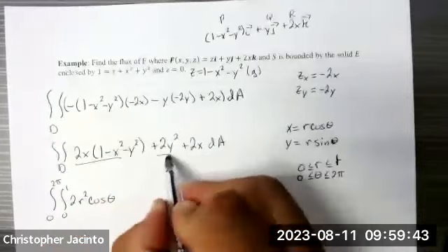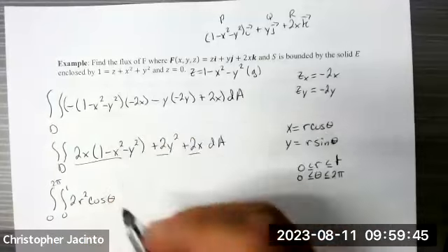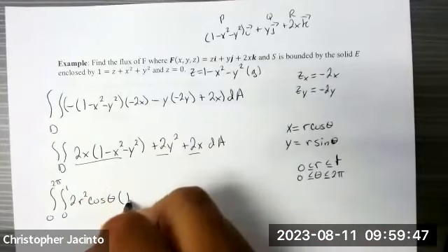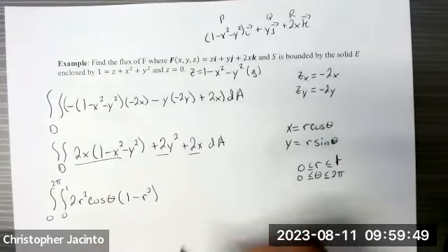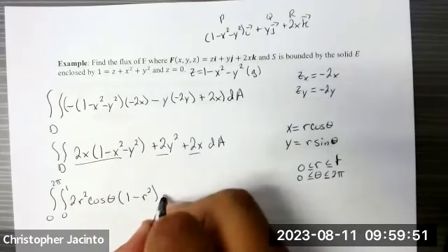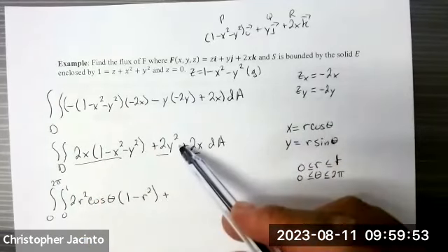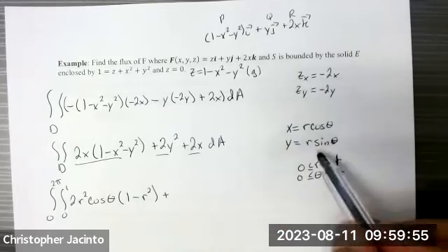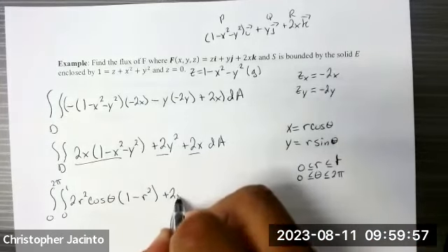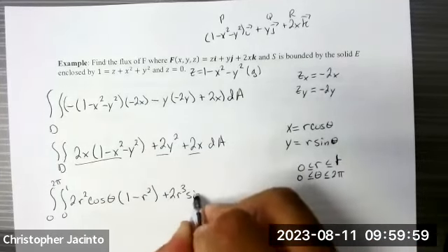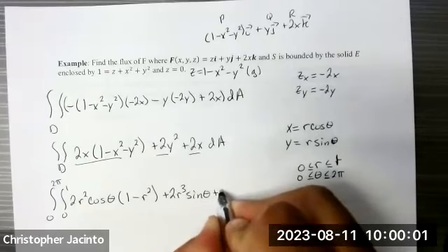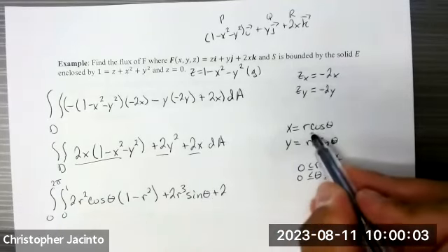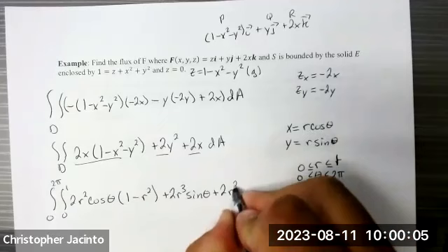Each term has to be multiplied by r because it's a distributive property. And here it's going to be 1 minus r squared, because it's r squared. Plus, so this is squared, and if I multiply by another r, that gives me cubed. Plus 2 again, times this, times another r, so r squared.